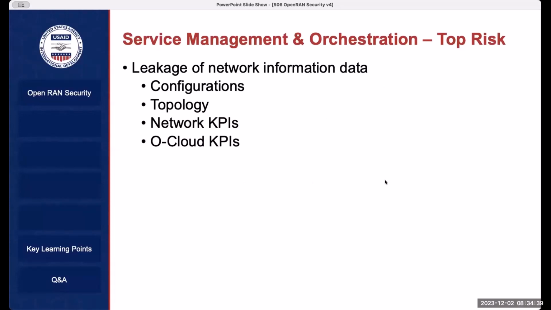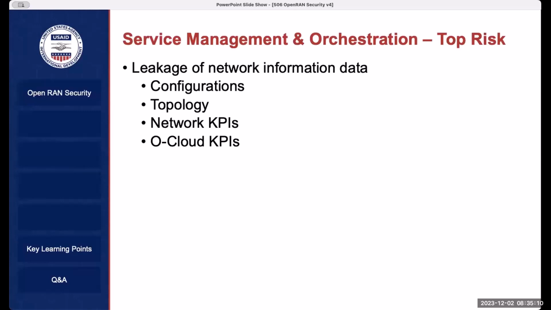Again, even insiders, typically you want to do segregation of duties, to isolate it so that one user could only access this part of the component of Open RAN, and another user could only access this. So ideally no single user could cause a huge impact on the environment, but of course the heads of this department could also go rogue. But again, this is where trust comes into play.